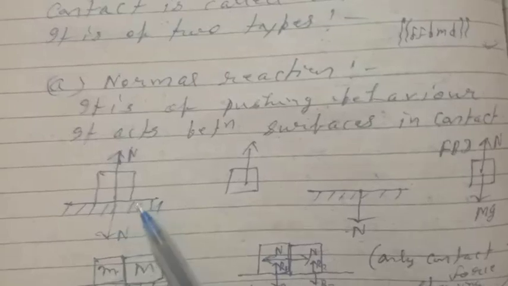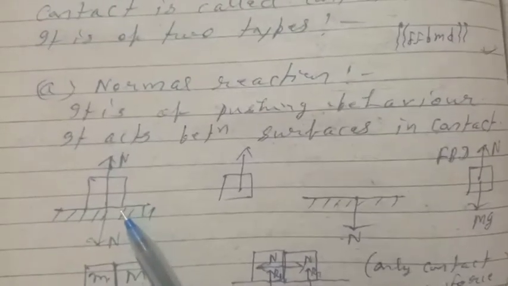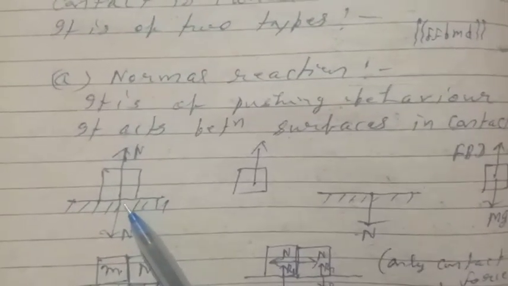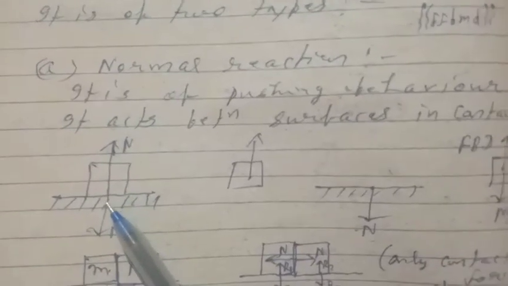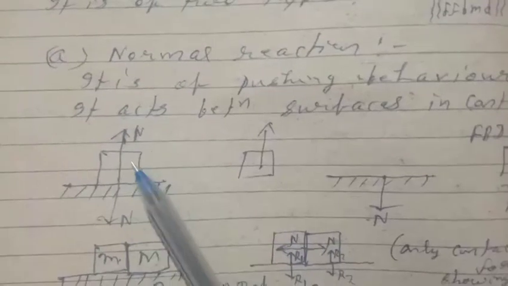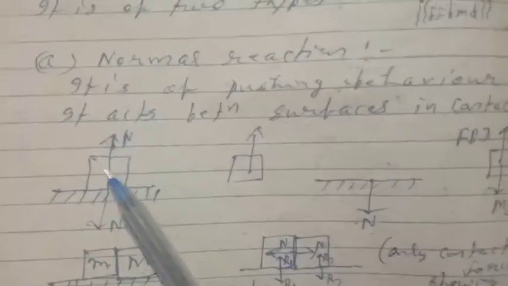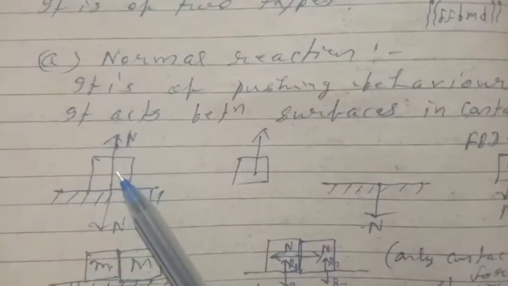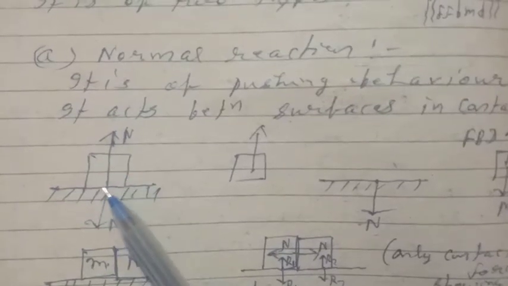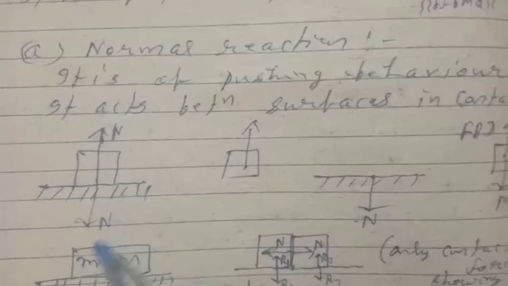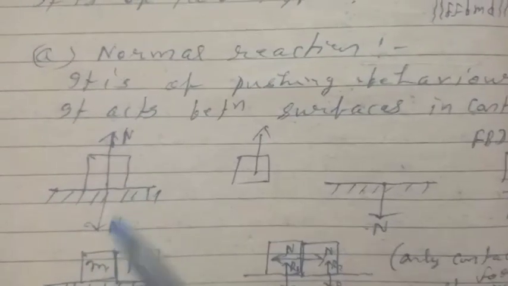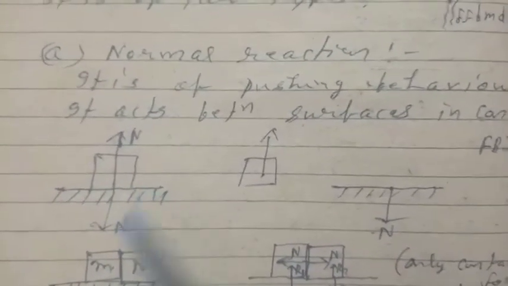Then the table will exert a normal force. The table surface will exert a normal force on this body in the upward direction, and this body will exert a normal force on the table at the contact point, normally in the downward direction.